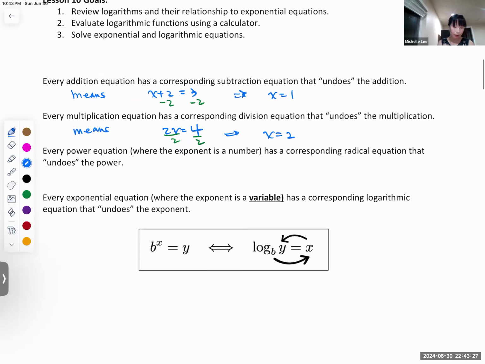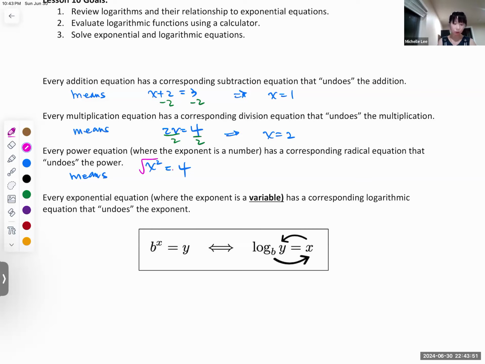All right, the next sentence says that every power equation where the exponent is a number has a corresponding radical equation that undoes the power. So for example, if we have x squared equals 4, then we take the square root of both sides to solve for x.